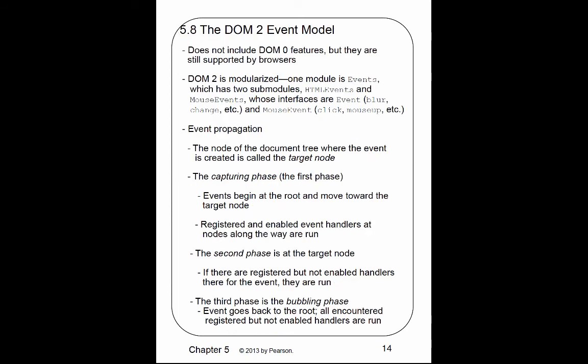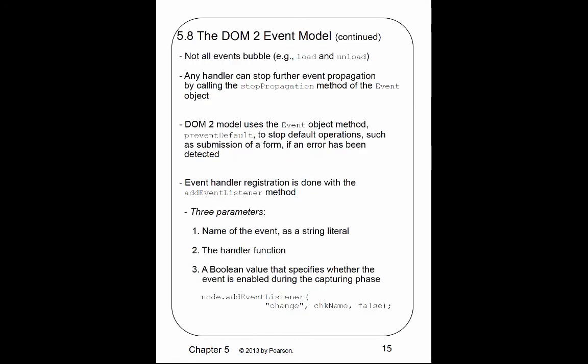There's also a standardized event model that's specified in DOM2. There are HTML events, mouse events, different types of events. But for most of our intents and purposes, there are some common events that we just need to deal with or remember, and other events like when the document loads and so on.